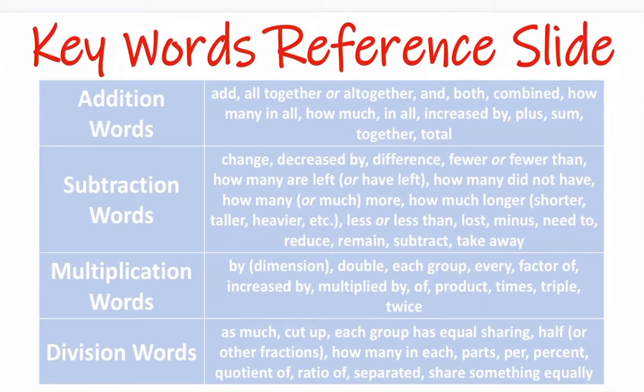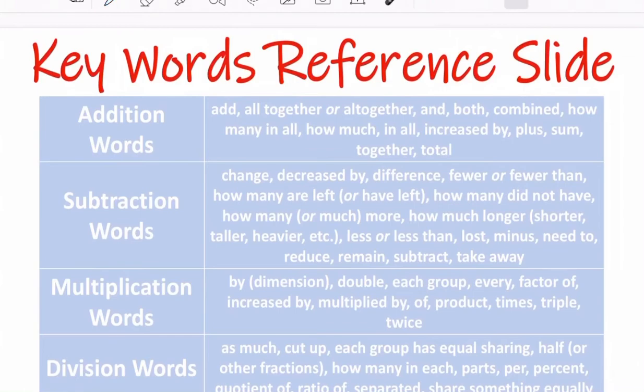The hardest part about understanding the problem and what it's asking is sometimes multiplication words can be division words. For instance, and we're going to run into this today, it says each group for multiplication, and for division words, it says each group has equal sharing, and that sharing is the most important part.